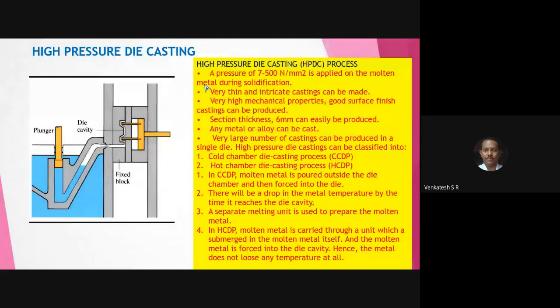Next, you write down high pressure die casting, in brackets HPDC, process. And this is the crucible or the container which has the liquid metal.